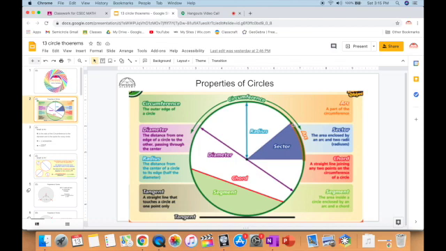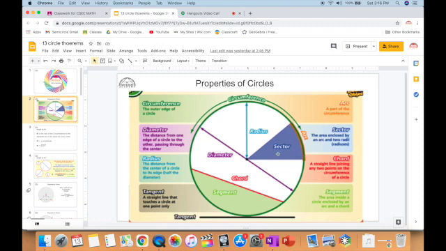If I take 2 radii and I put them like a pizza slice here, so from the center of the circle, I cut 2 radii, what I get here, this pizza slice, is called a sector, yeah? And that sector has an arc. So an arc is just a piece of the circumference, and we can see that here.